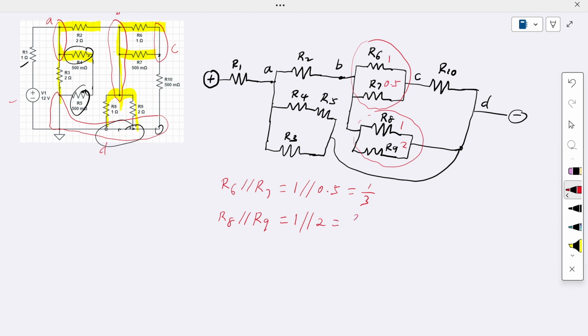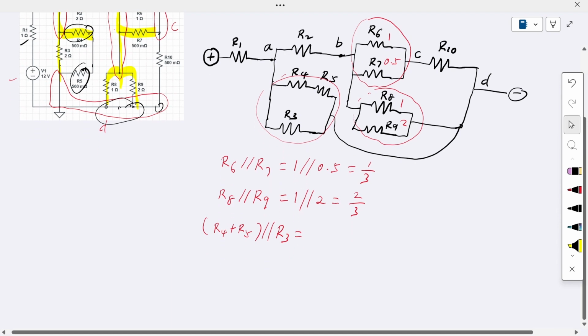Okay, so here we get 2 over 3. And then what else? We also can calculate this equivalent resistance here. You're going to replace it with a single resistor. In this case, we can see R4 is in series with R5 and then parallel with R3.